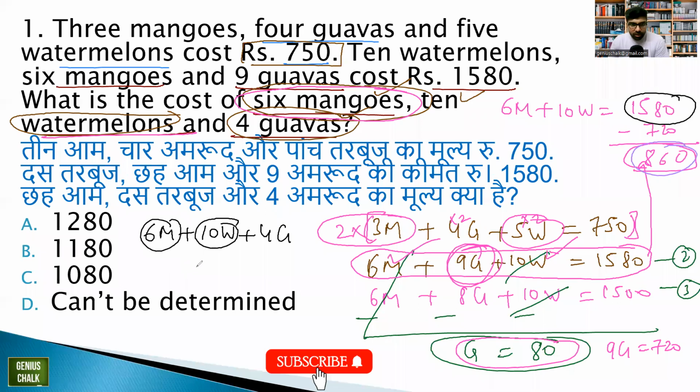This is 860 plus 4 into G, that becomes 320. So this is 1180. So the answer of the question I'm looking for is 1180, and that is my answer. I hope this concept is clear.